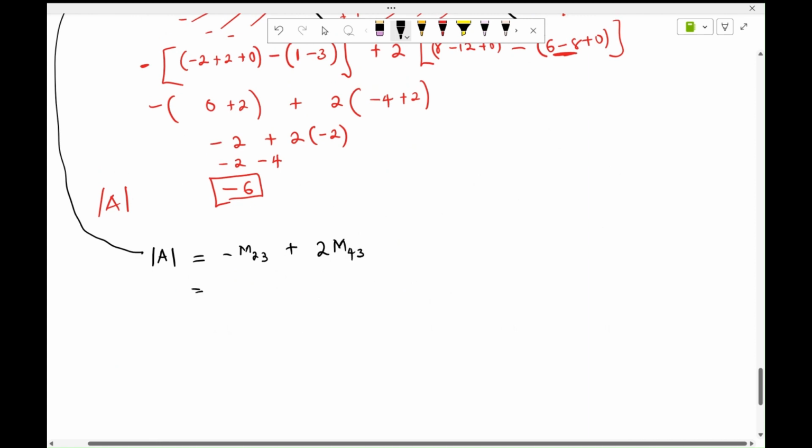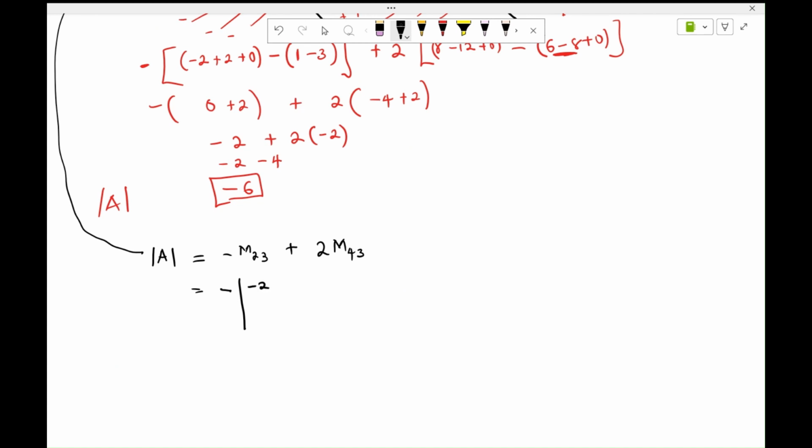And we said this is equal to what? And we said that this is minus the determinant of this 3 by 3 matrix, right? And now plus 2 of this one.